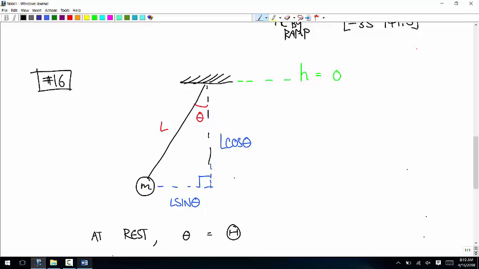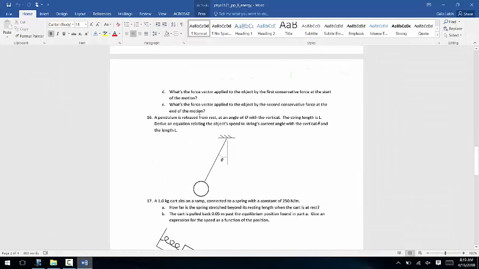No, it says in the problem, at rest, this angle theta is the constant capital theta. So it's pulled out. It's pulled up to a position like this and then let go.